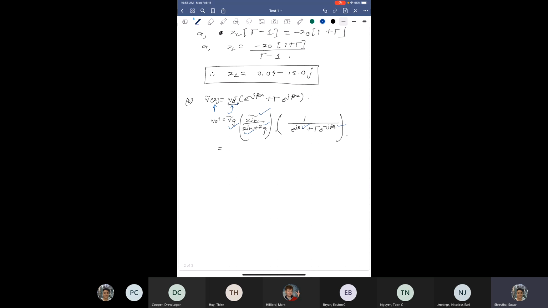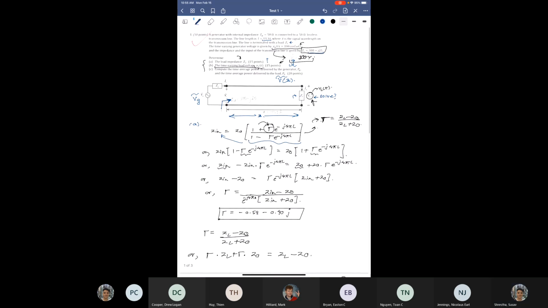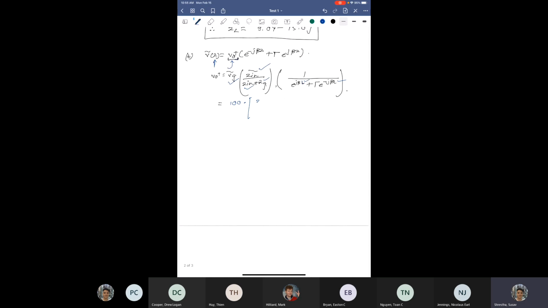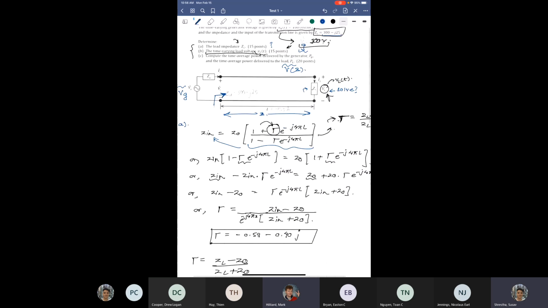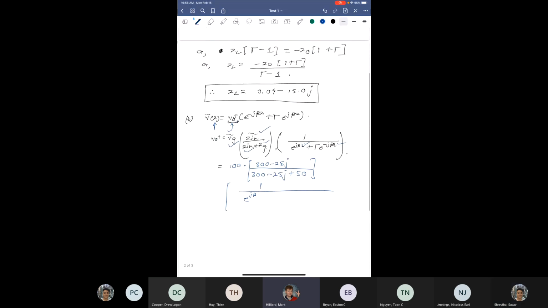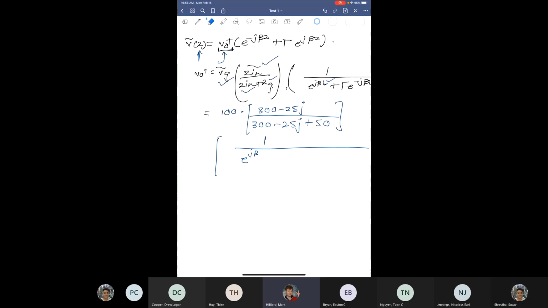Let me make it a lot simpler for you guys. It's 100, Zin was 300 minus j25, over 300 minus j25 plus 50, times... This is the part I actually made a lot of mistakes on. What is L over here? So beta L will go down to 2 pi times 13.3.